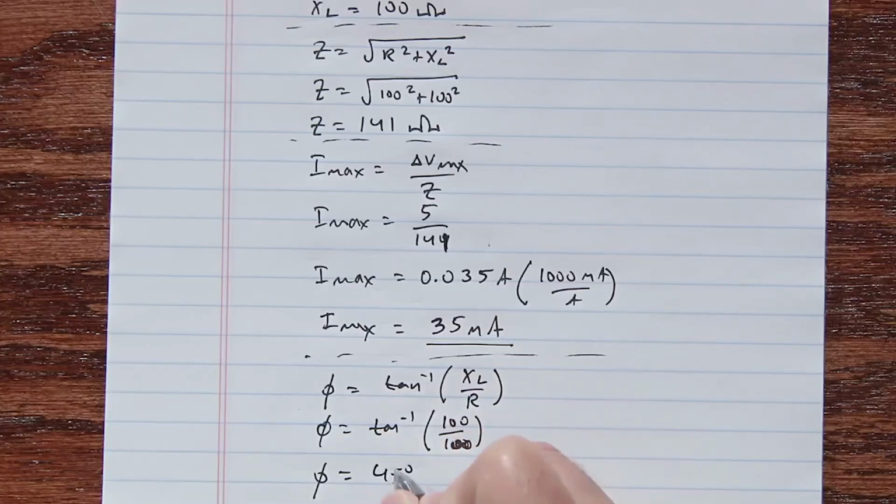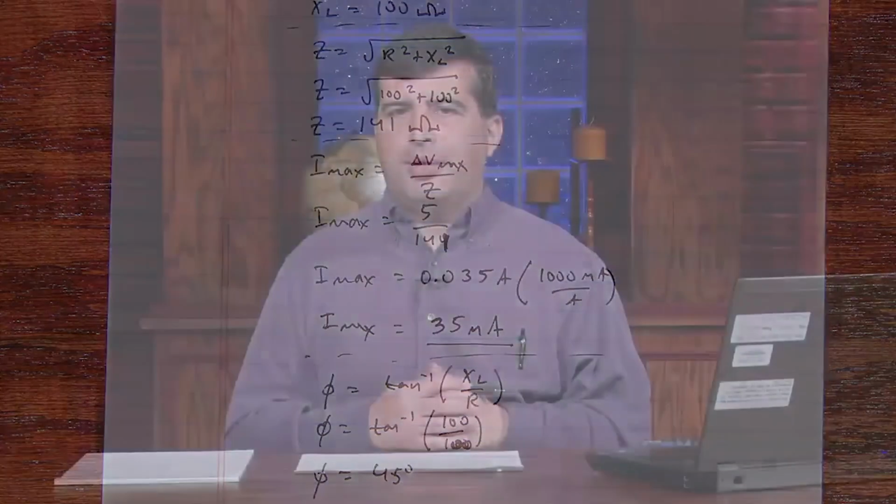Inverse tangent of 1 is 45 degrees. So as we saw, the current is 45 degrees out of phase with the voltage. So all of our calculations agree with our simulation. Our calculations of the maximum current and the phase angle between the voltage and the current agree with what we saw in our simulation.